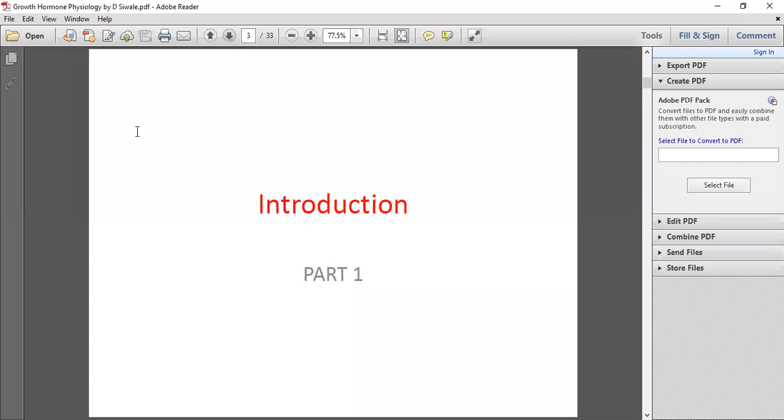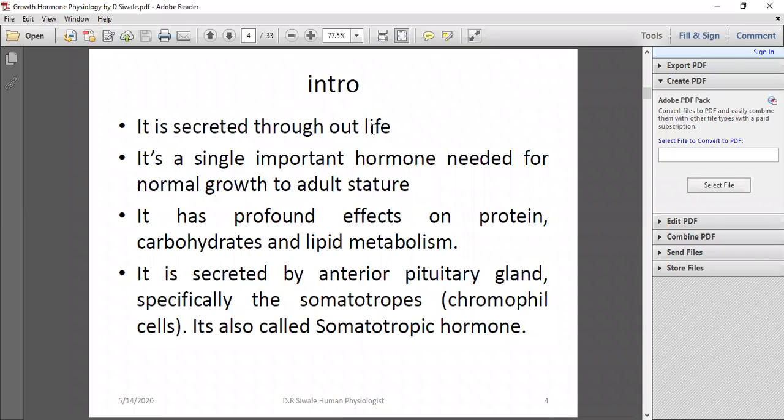Okay, introduction. Growth hormone is secreted throughout life, but it's more in children because we know they are growing. So they need this hormone. There's protein synthesis going on, there is bone elongation going on. So it's more in childhood up to teenage life.